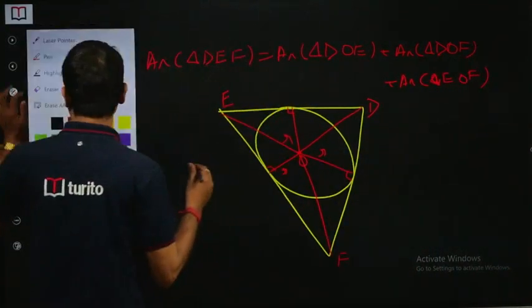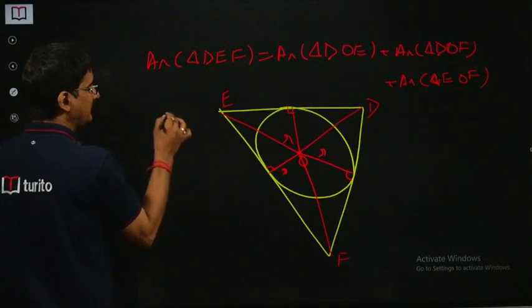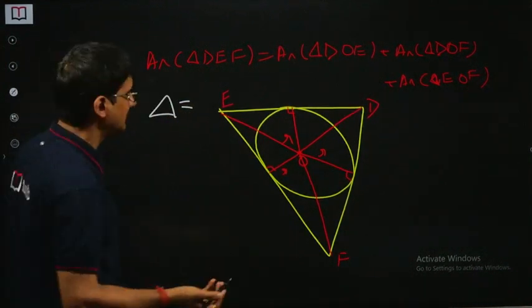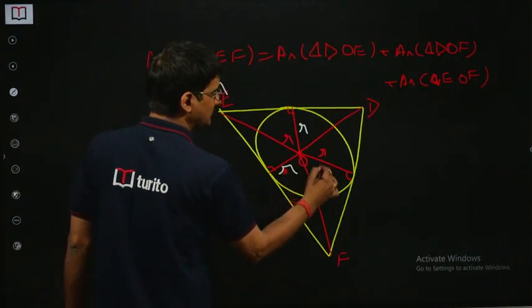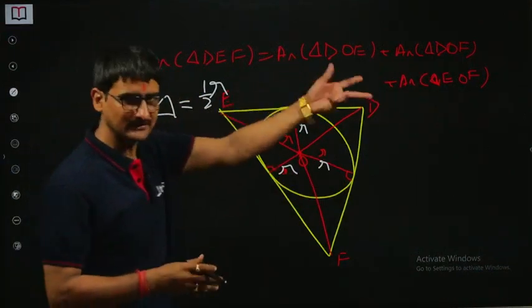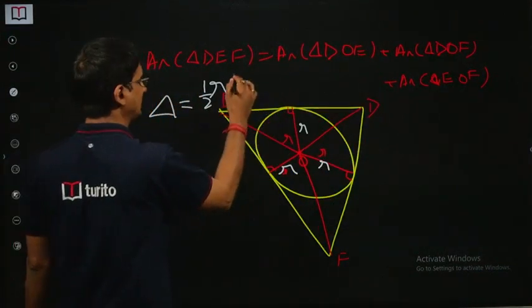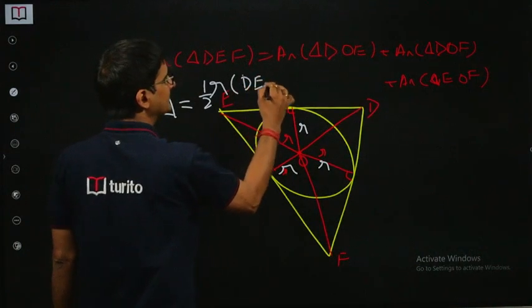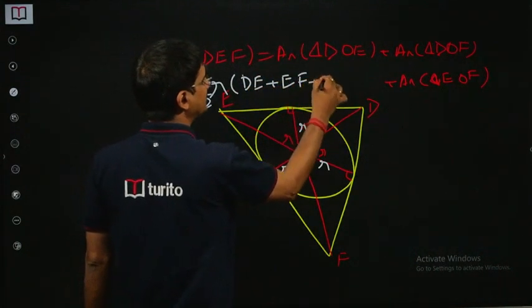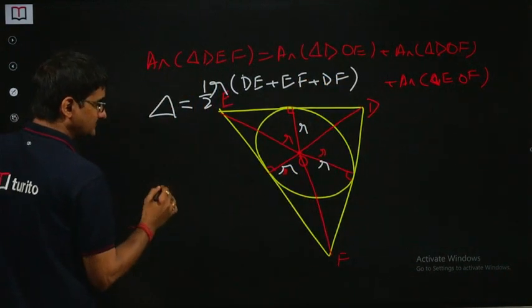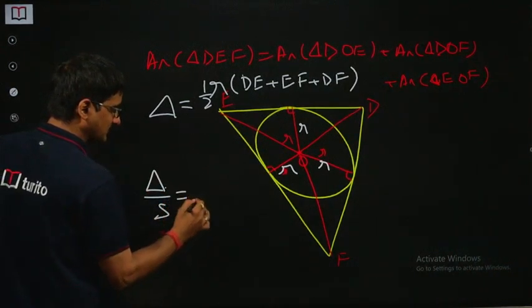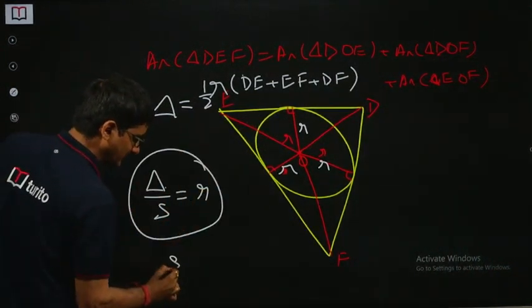See, in every one on the right side, so this is, let's say, delta, the area of the triangle DEF. This is half times R, because the altitude in all three triangles is R, and then its base, so half times DE plus EF plus DF, which is nothing but the perimeter. Hence delta by S is equal to R. So that's how we can easily derive it.